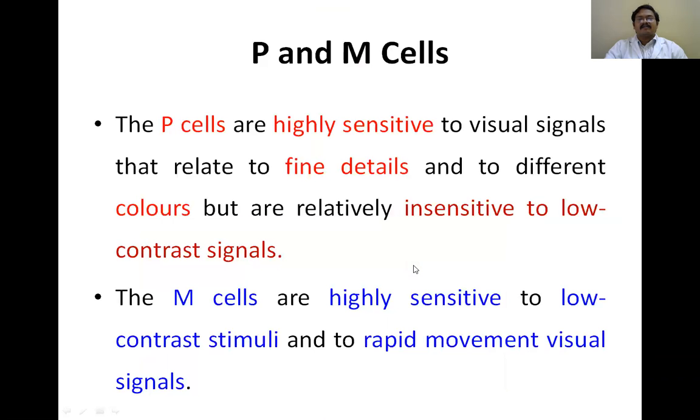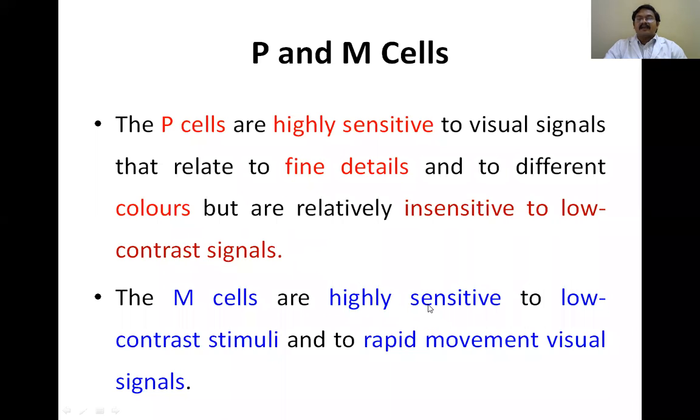The P cells are highly sensitive to visual signals related to fine details and to different colors, and they are insensitive to low contrast signals.